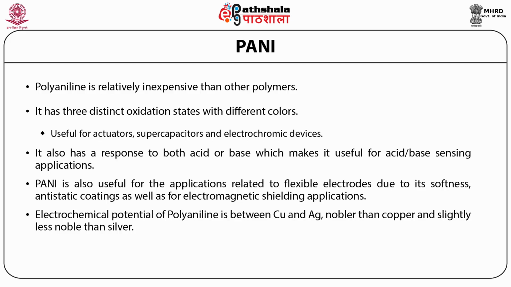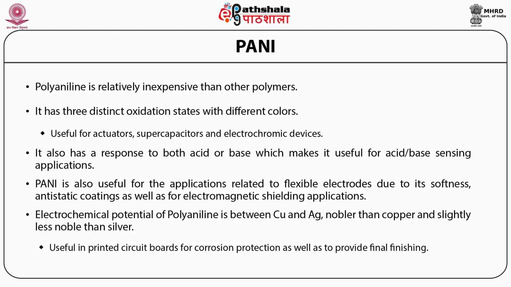The electrochemical potential of polyaniline is between copper and silver; it is nobler than copper and slightly less noble than silver. Because of this, it is also useful in printed circuit boards for corrosion protection as well as to provide the final finishing.